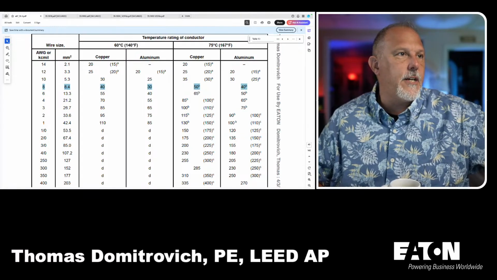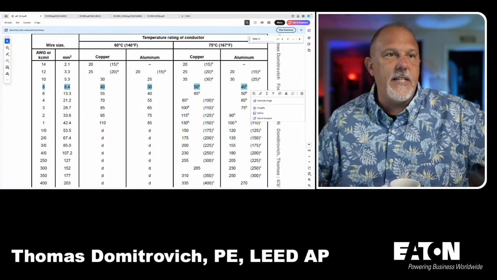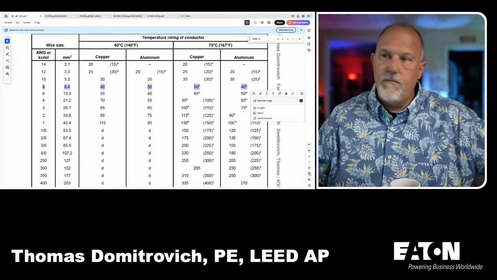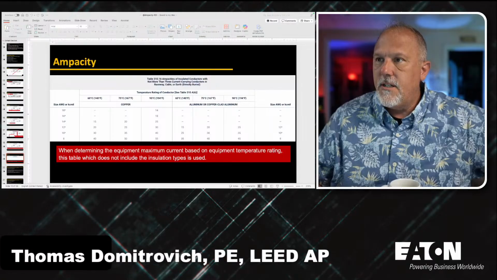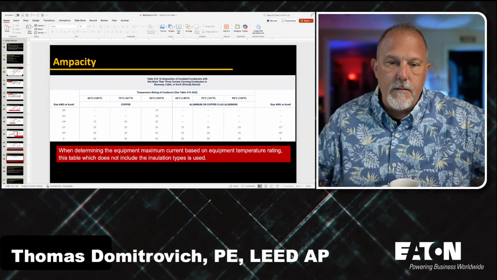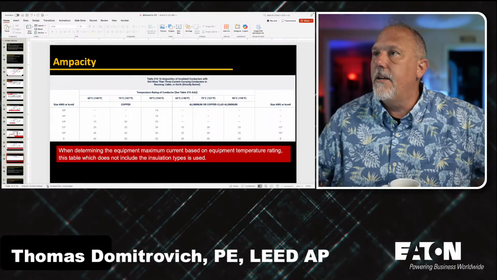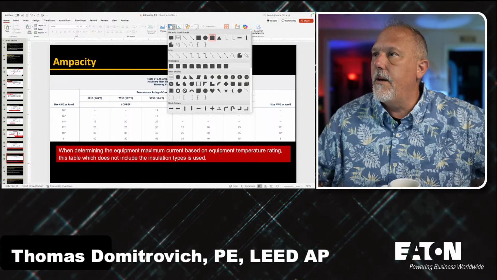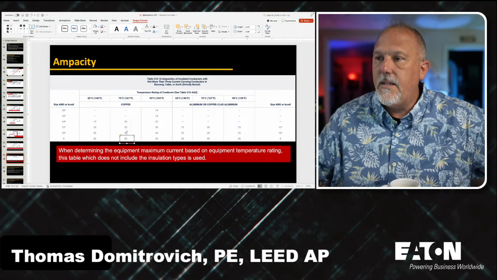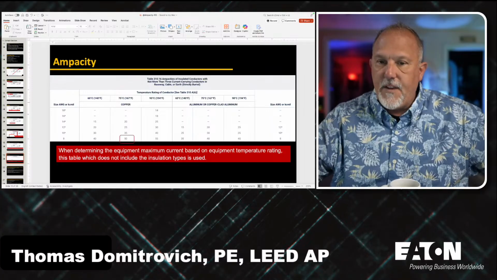An 8 gauge conductor, 75 degrees C, copper is 50. If I look at this, 8 gauge, 75 degrees C, copper is 50 right there. I'll draw a little square. All right, so right there, there's my 50.